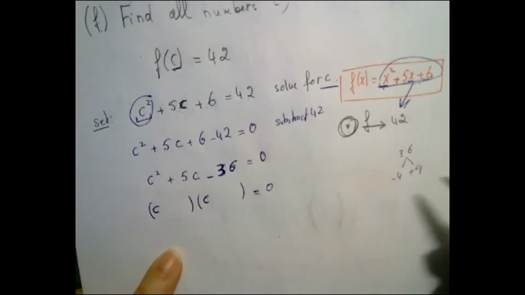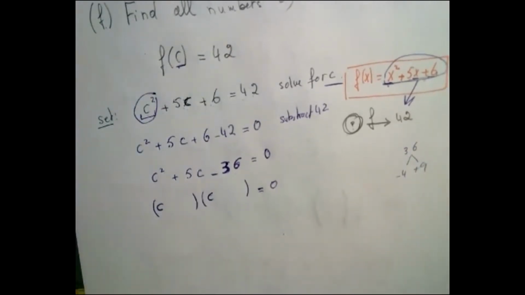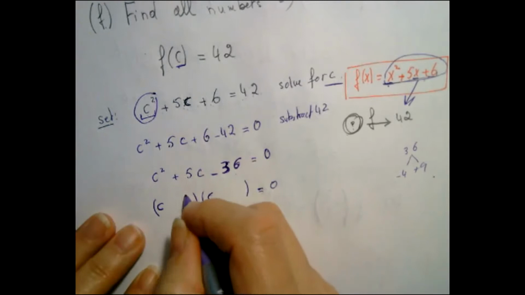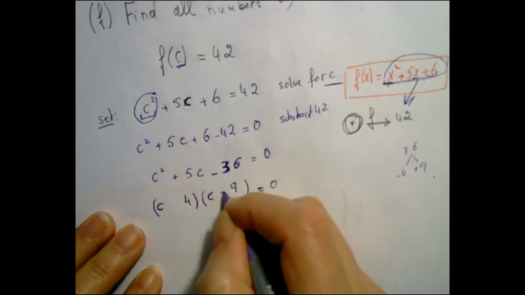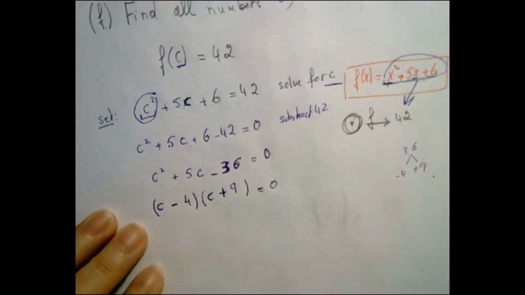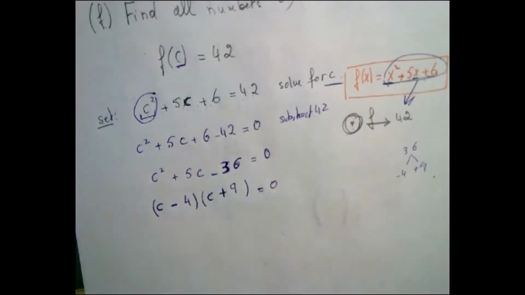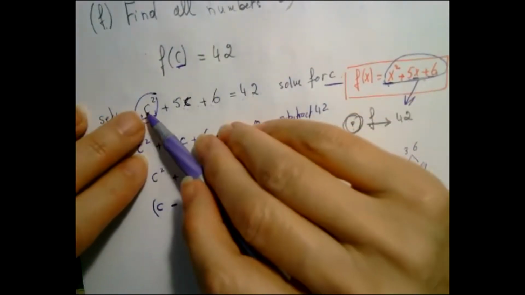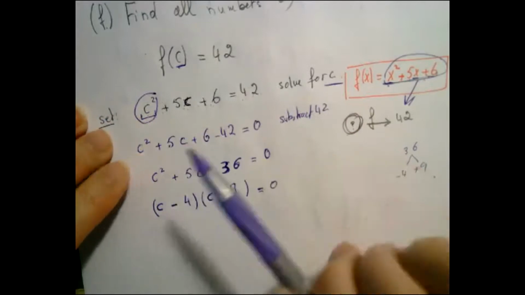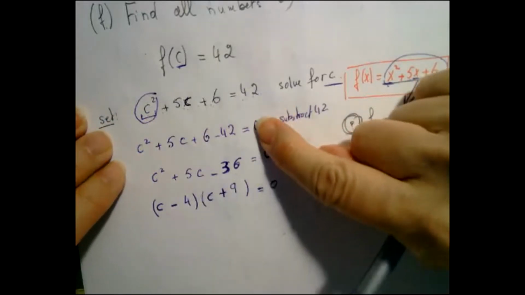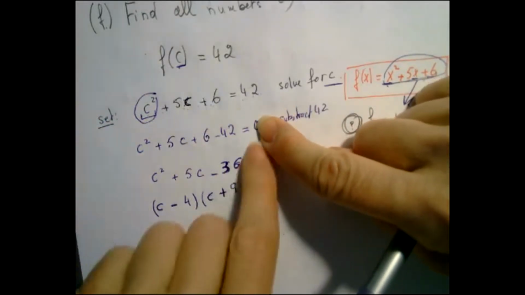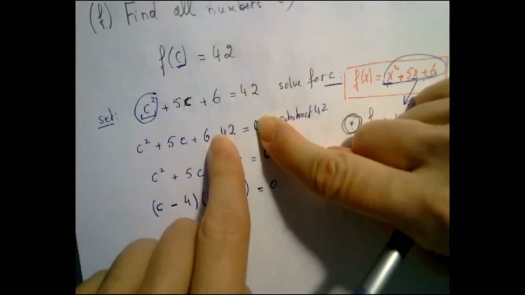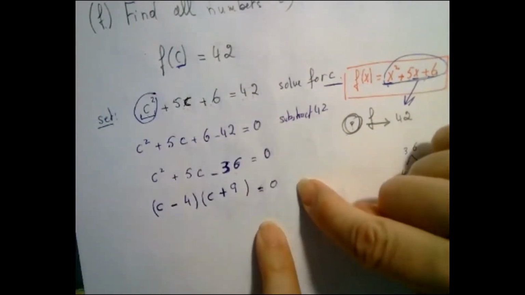Plus 9, yeah, because 4 and 9, because the other options are 6 times 6, which is impossible, 12 times 3, it doesn't work. 4 and 9 definitely work, with -4. So whenever you have a quadratic, it means there is c squared, and I need to solve. First, we make it equal to 0 by subtracting 42. Once we do that, we factor.